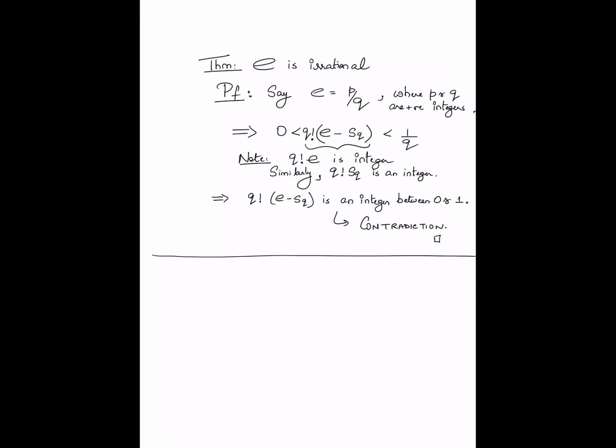It is defined as the limit of the following series, and we showed that it is also the limit as n goes to infinity of (1 plus 1 by n) raised to n. Firstly we were able to show that these two definitions are equivalent, and then we were able to show that E is irrational.